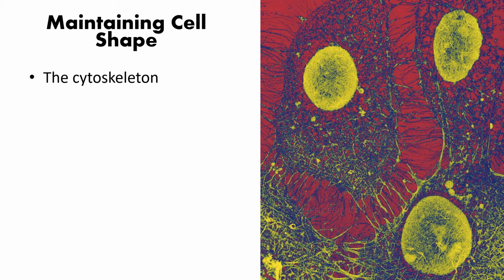So the cytoskeleton is going to provide mechanical support to the cell. And so this allows for the cell to maintain its shape and its placement in space. So it's not going to just be floating around. It's not going to lose its shape. It's not going to collapse.